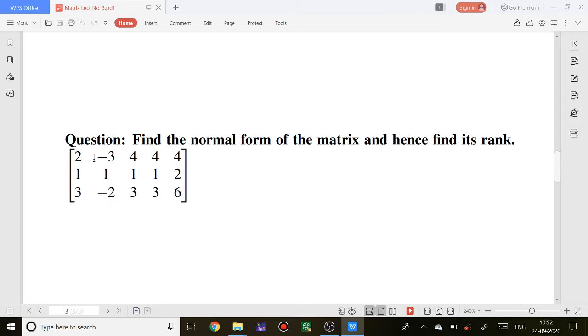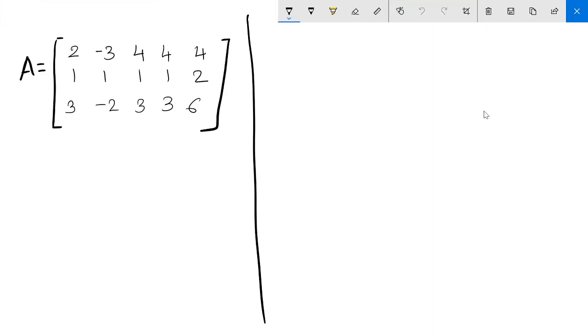There are 3 rows and 5 columns, so its rank should not exceed 3. It is clear that the maximum size of the identity matrix hidden inside this matrix is 3. Now we will proceed toward the solution of the example.